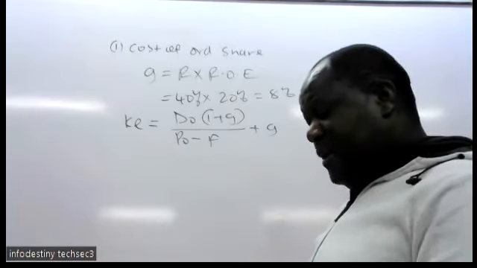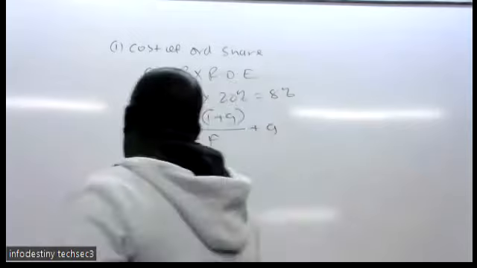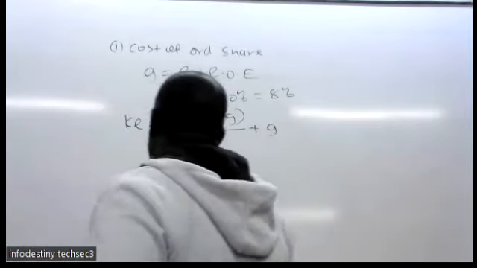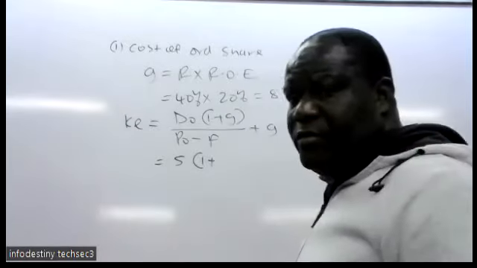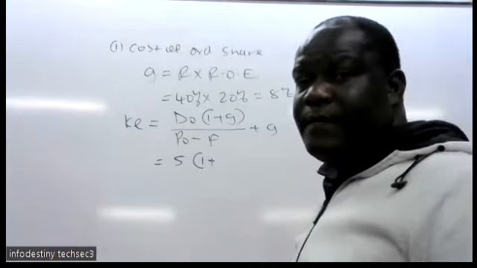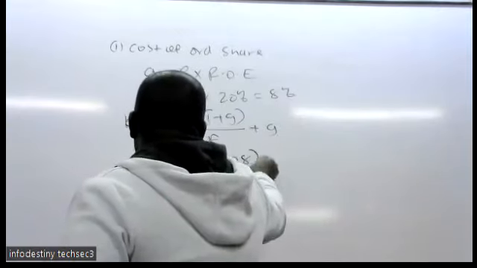The firm paid a dividend of how much? 5 shillings. So it will be 5 in the brackets of 1 plus the constant growth rate, which is 8%, the same as 0.08.